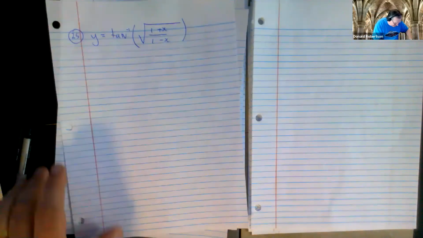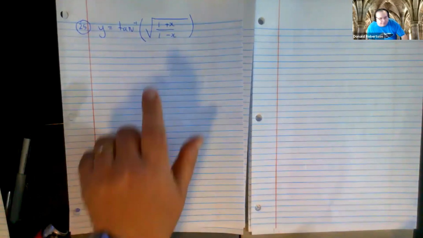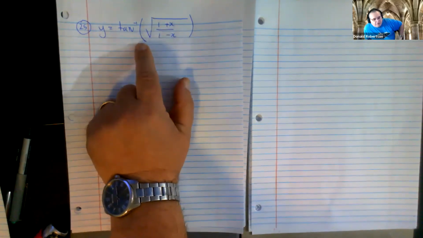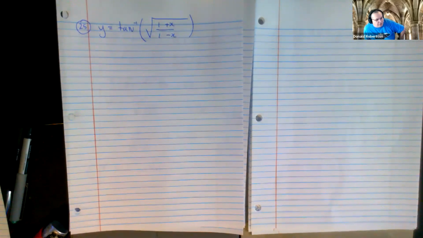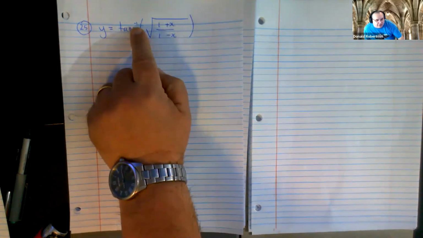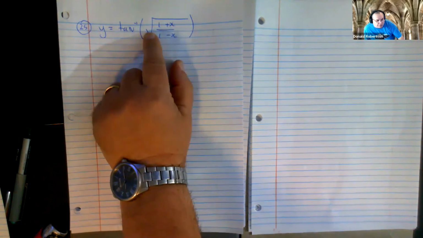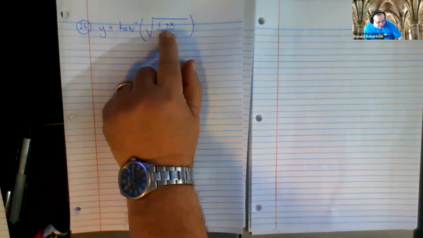You should be afraid. You should be very afraid of this guy. Just looking at it, can you see this one is fraught with danger? There's a lot going on. It's the inverse tan of the square root of a fraction.